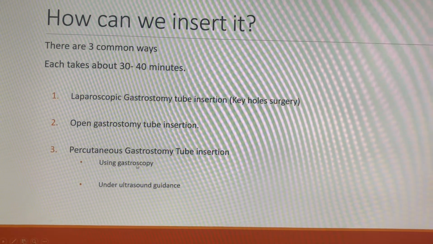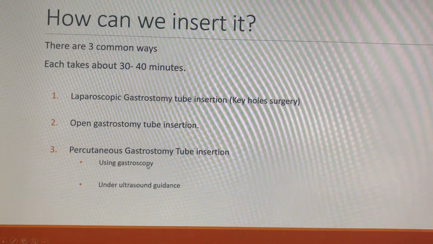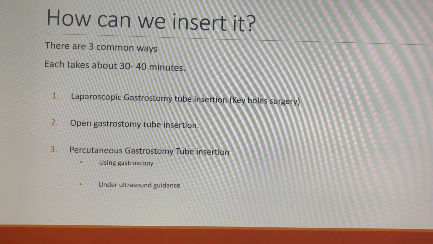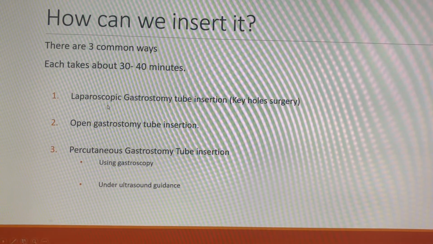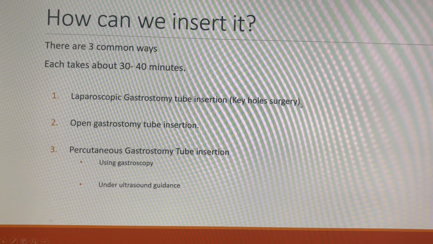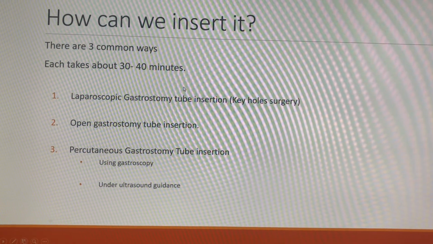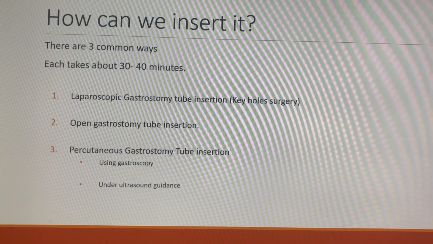We use a gastroscope as guidance, which is a tube that goes through the mouth into the stomach, or use ultrasound guidance. Here at Johns Hopkins Aramco Healthcare, we recommend the one with the highest success rate and the lowest complication rate, which is the laparoscopic gastrostomy tube insertion.